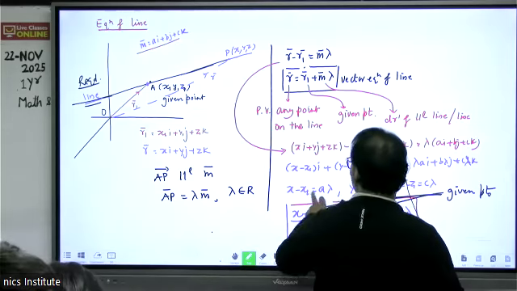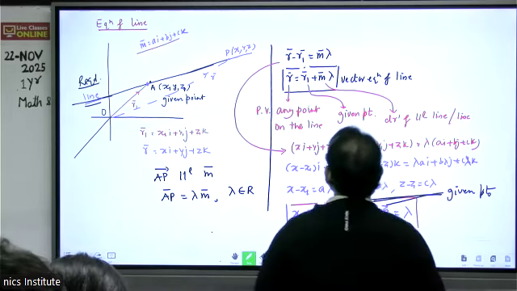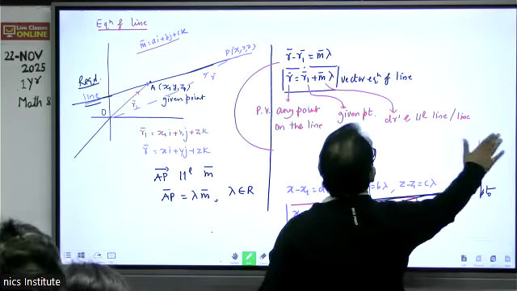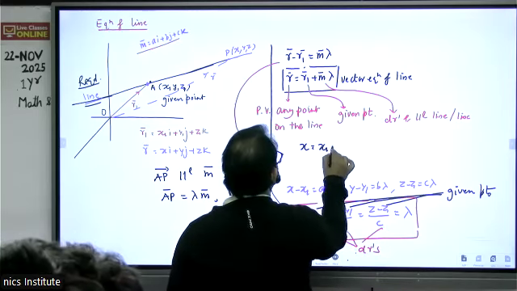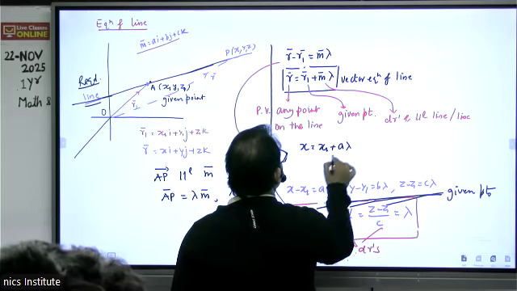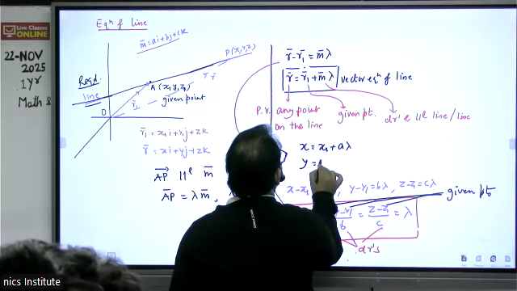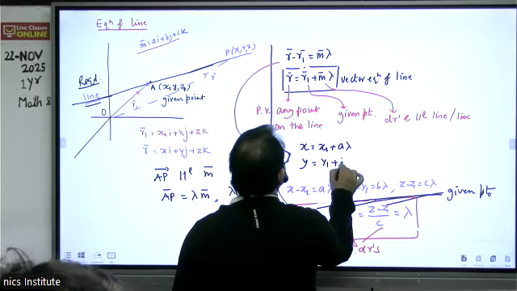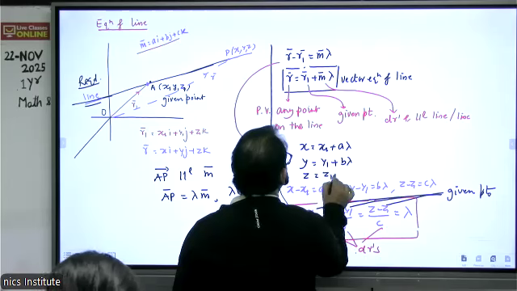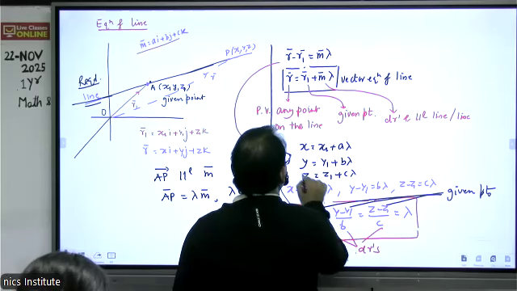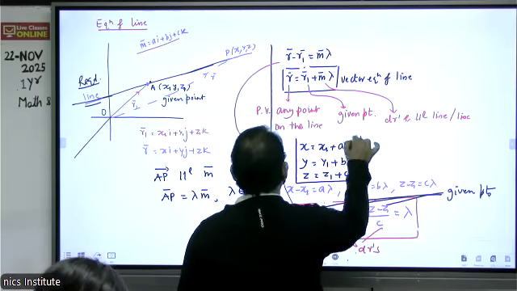And from here we can also find x, y and z. What will be x, y, z? X, y, z will be a variable point on the line. This is a variable point on the line. Any point on the line. Each value of lambda gives you one fixed point.